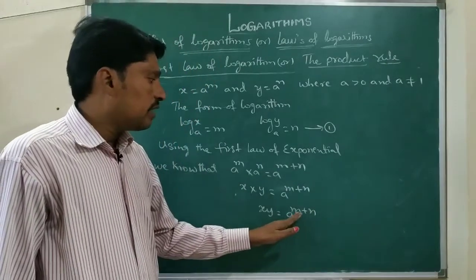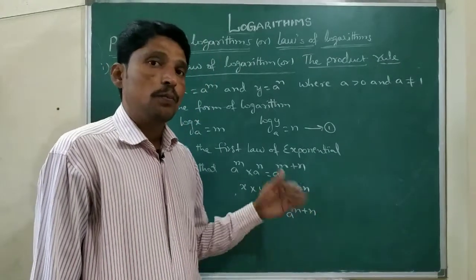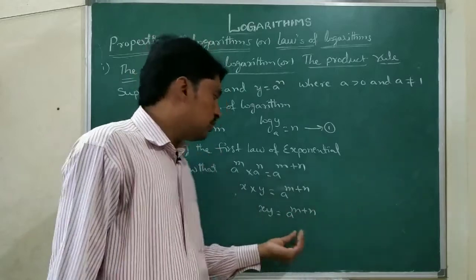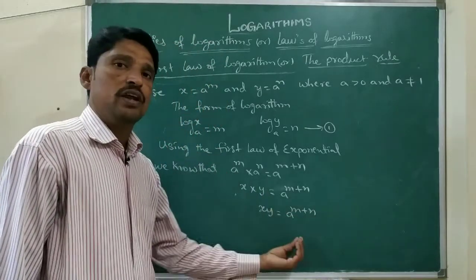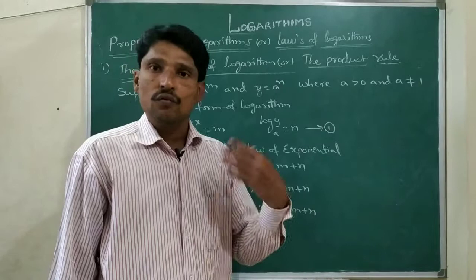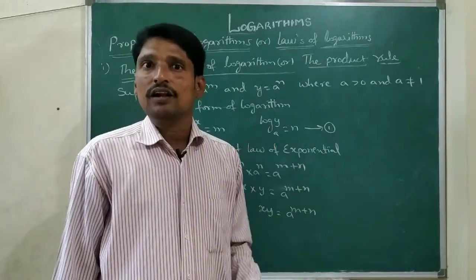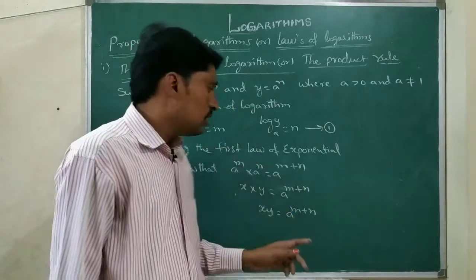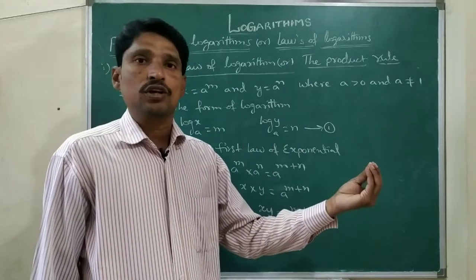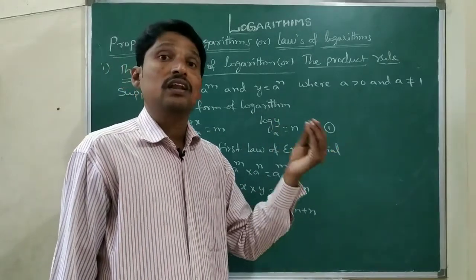So here it is the exponential form, the power form. So this base we need to transpose, this base we are transposing to the left. What we can get? Already you know that. Yes, very good. That is, the base we are transposing to the other side. We can get log.